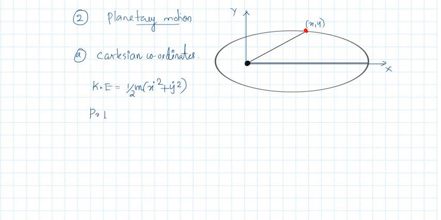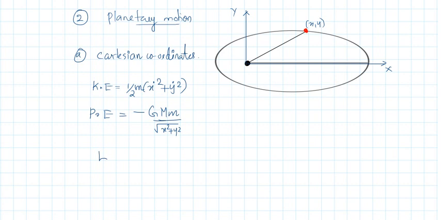Potential energy, since it is planetary motion, is minus G M m divided by r, or root of x square plus y square. This is the distance between planet and sun, the square root of x square plus y square as per this figure.